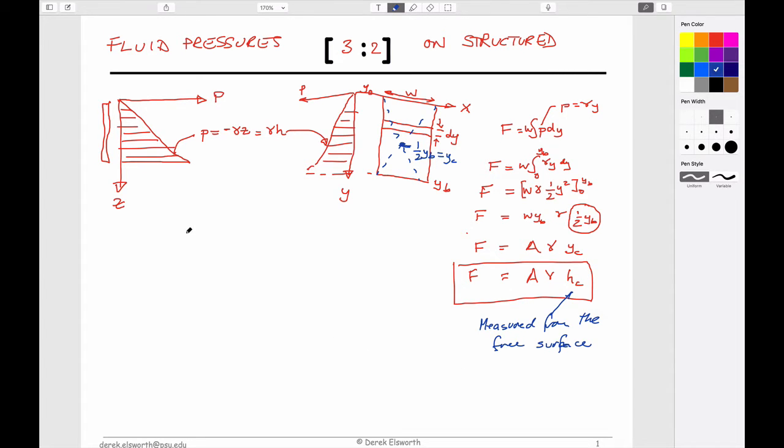So, in other words, if you imagine this plate, instead of being at this location here, imagine we move this plate down to this point here. And if we extend this, then the pressure distribution will look a little different.